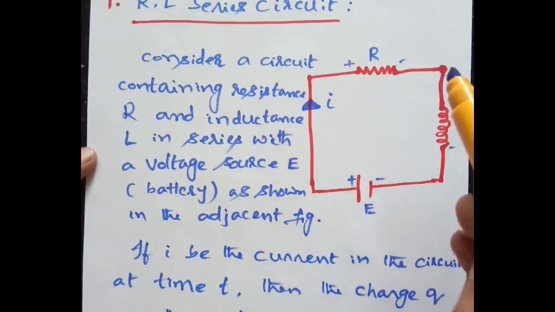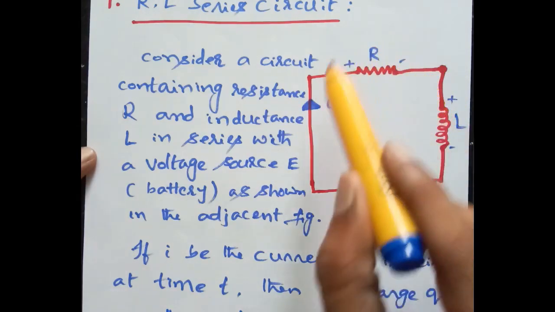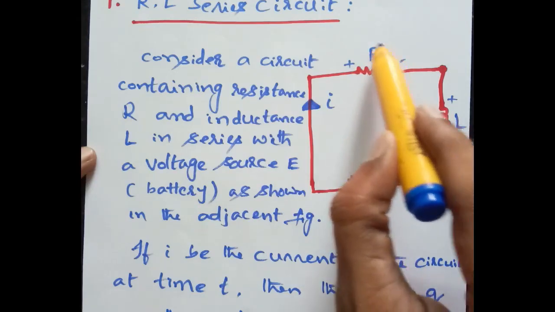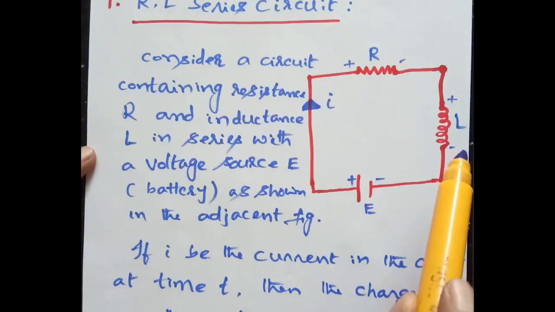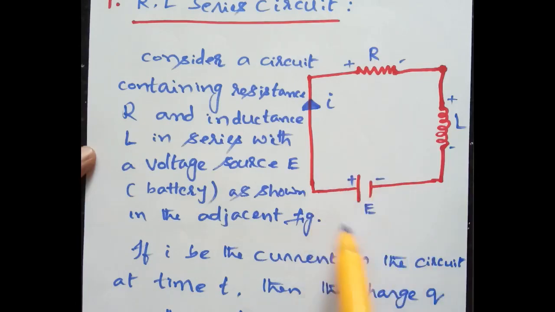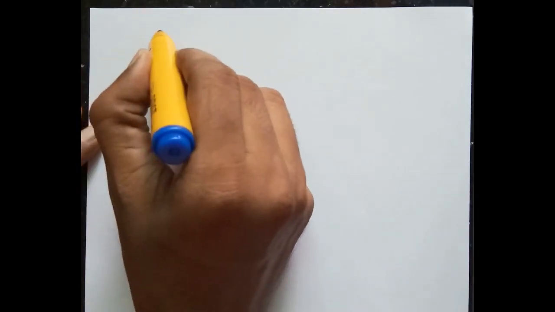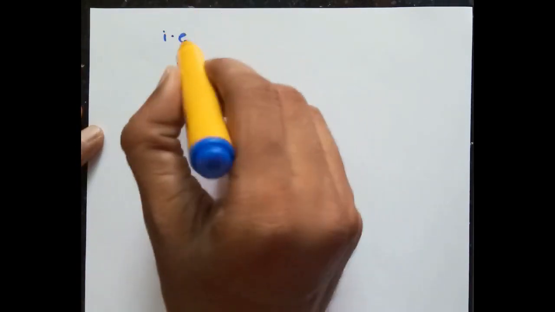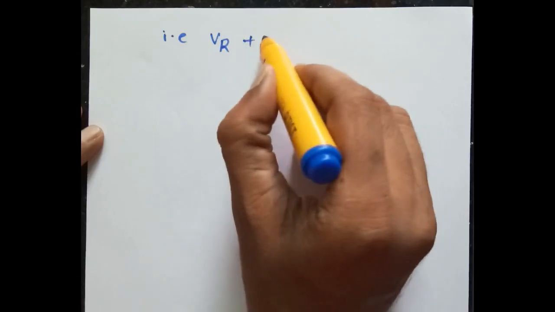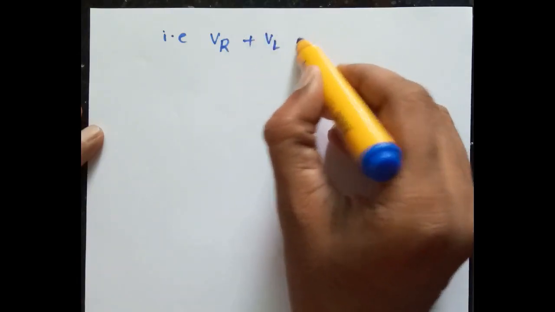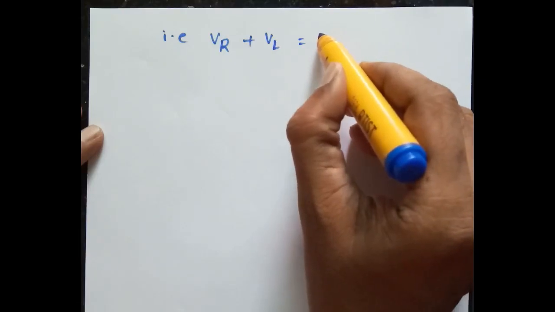Now applying Kirchhoff's law, the sum of voltage drops across R, that is by Ohm's law, is equal to Ri, across L is equal to L into di by dt, is equal to the electromotive force E. That is, voltage drop across the resistance plus across the inductance is equal to the electromotive force, EMF.